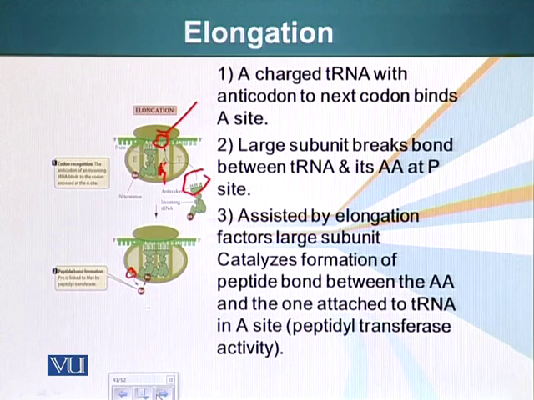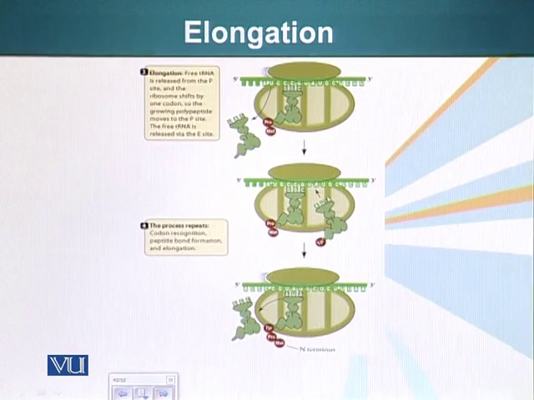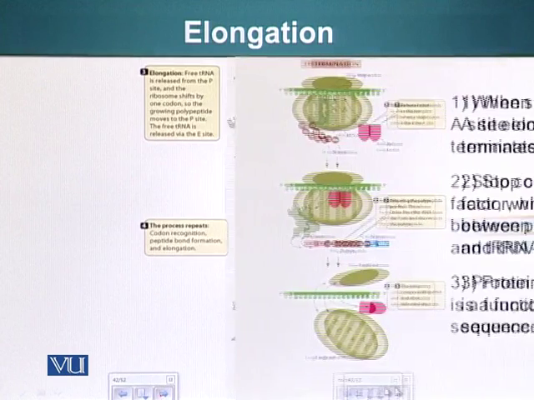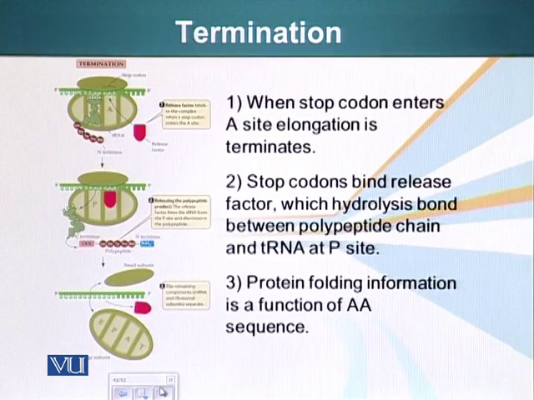This bond is broken and the bond between the two amino acids is formed, which we know is the peptide bond. The first amino acid will be the N-terminal amino acid, the amino terminus of the protein. So this methionine is transferred to the next amino acid, and this process keeps repeating until the process is terminated. Let's see how termination takes place.